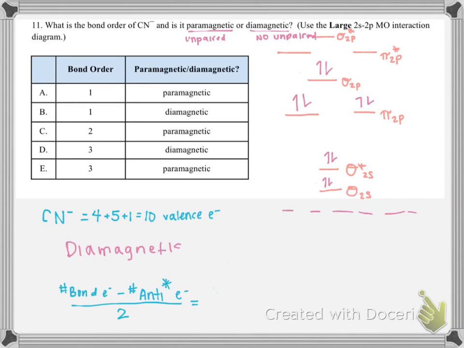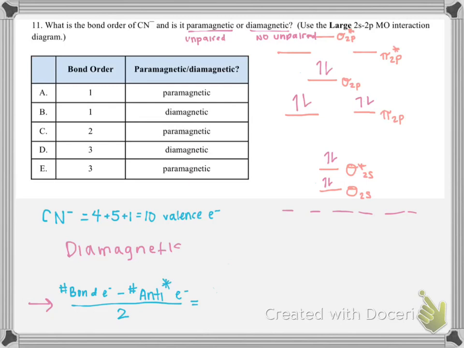Then to figure out the bond order, we're going to use this equation where we take the number of bonding orbital electrons, subtract the anti-bonding electrons, which are denoted with this asterisk, and divide that number by 2, because there's 2 electrons in one bond.